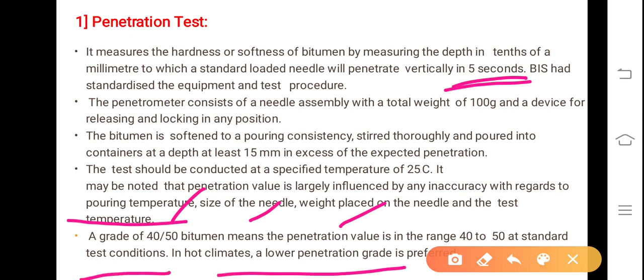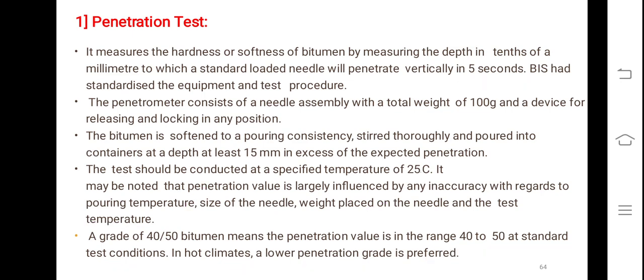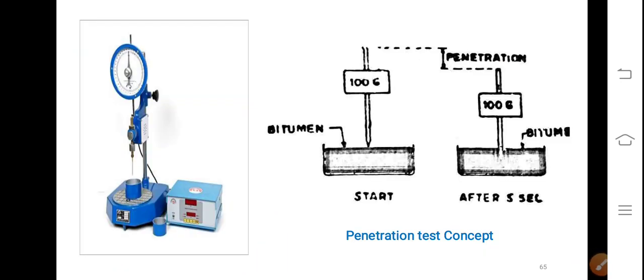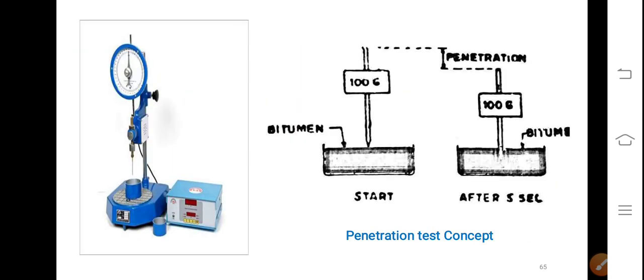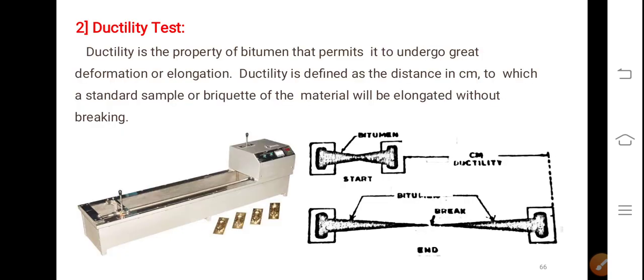In hot climates, a lower penetration grade is preferred, whereas in cold places or cold climate, a higher penetration grade, say 60/80 or 80/100, is used. So in Maharashtra, which one would you opt for? Because it is a hot climate, lower grades, 30 to 40. Is it clear?